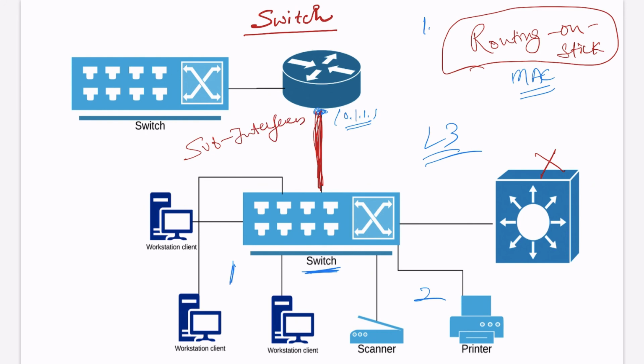Let's say this interface number is 1. You create the 1.1 sub interface and define the IP of this VLAN, which is 10.1.1.1, and on the other sub interface 1.2, you define the IP 10.1.2.1. So two gateways are defined. Here router on a stick will be used. You will learn about this concept a little later.